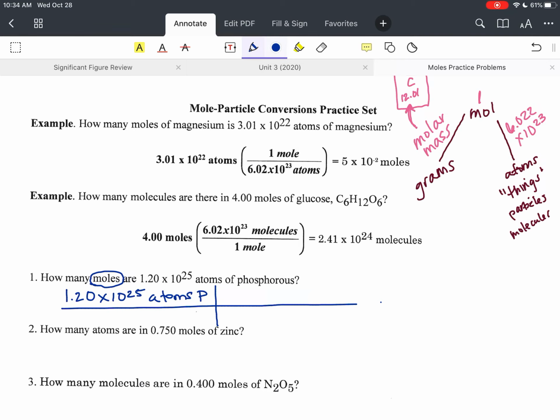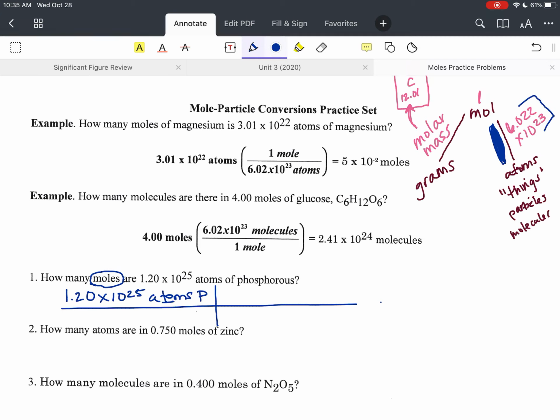So now I'm just going to look at my map, and I need to say what side of my map am I on. So I'm going between atoms and moles. So I know I'm over here on this side. I'm going to take this path. So I know I'm going to need to use this number here, Avogadro's number, 6.02 times 10 to the 23rd. Okay, so now I just have to figure out where it's going to go in my calculation setup.